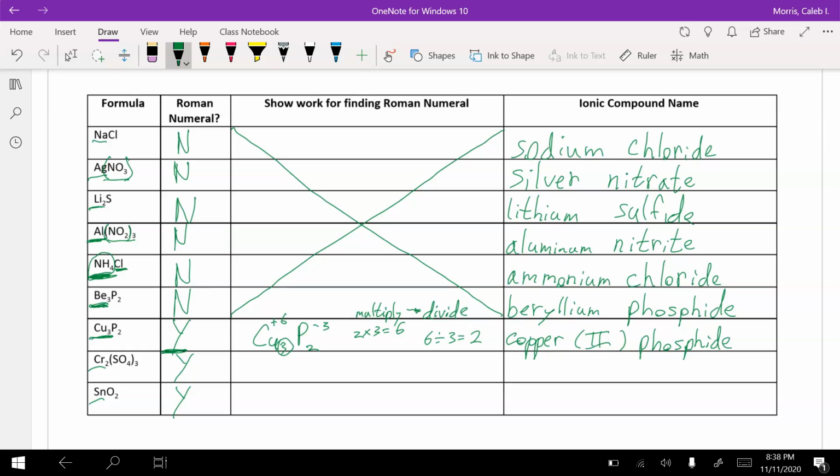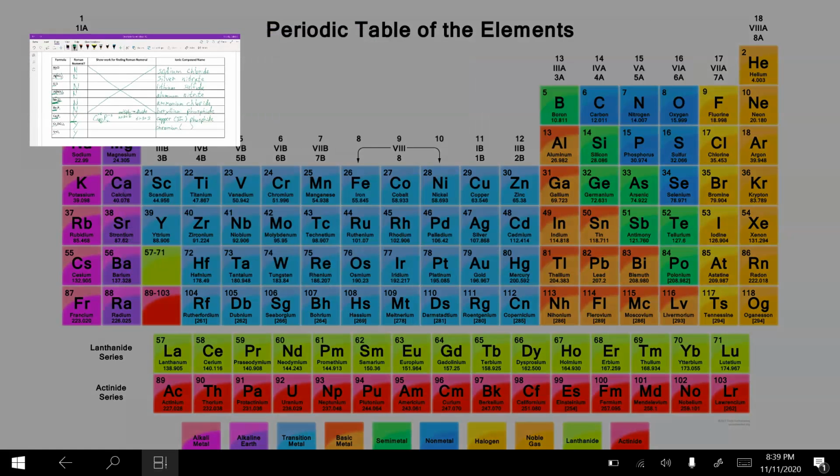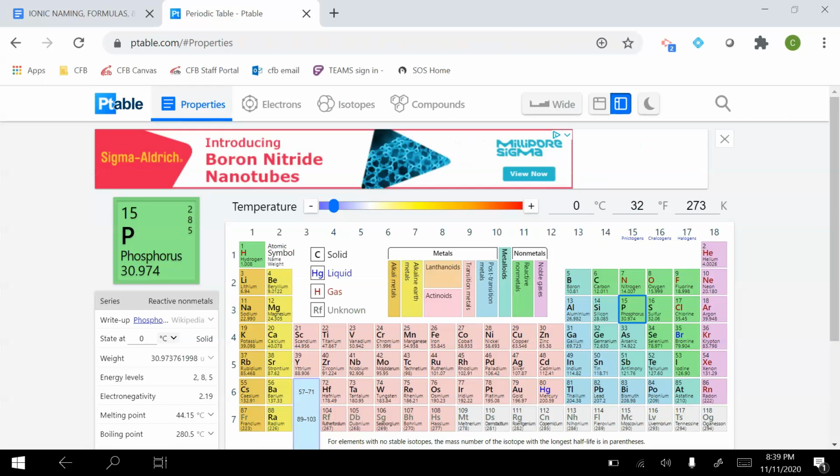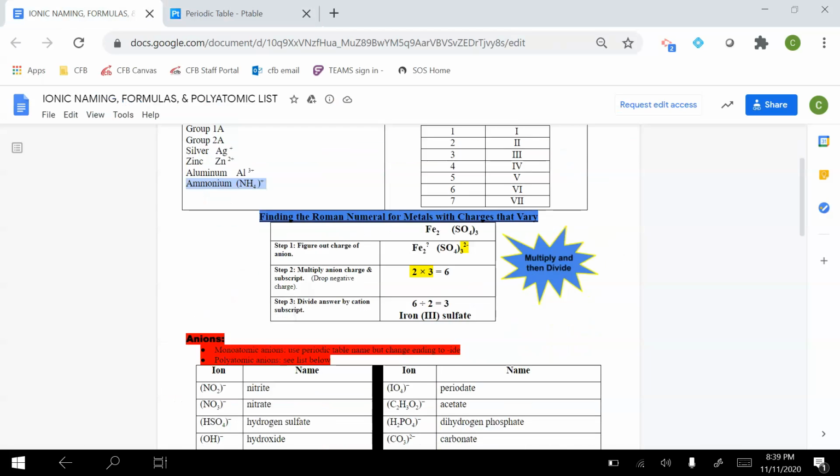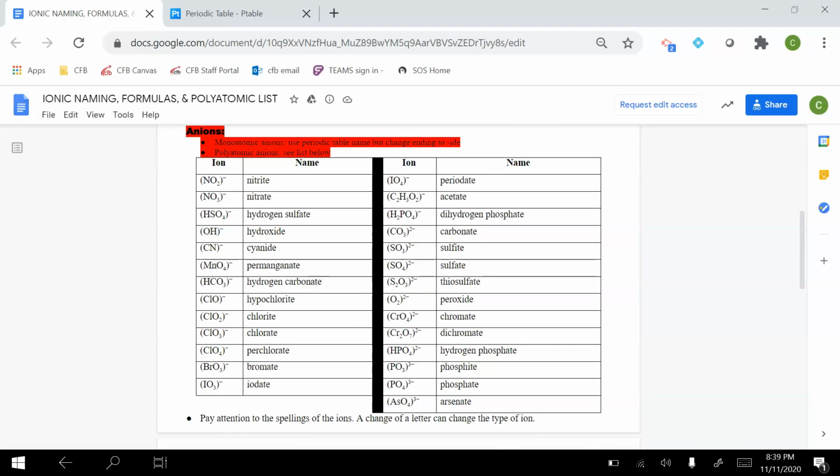Cr is chromium. I do need a Roman numeral. And SO4, let's find it. SO4 is sulfate.